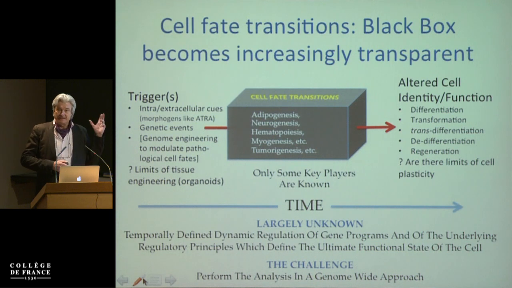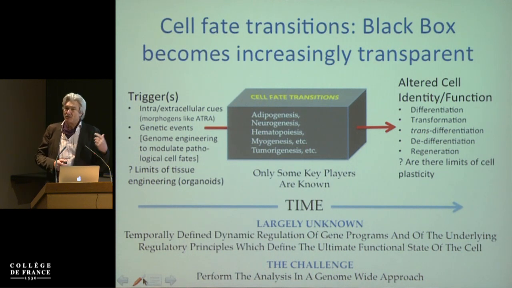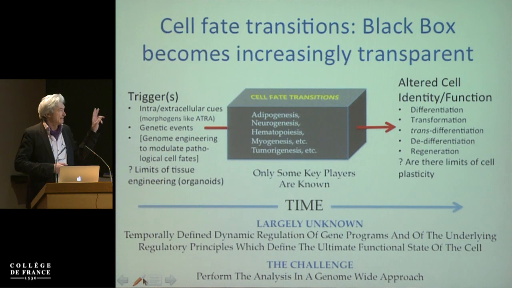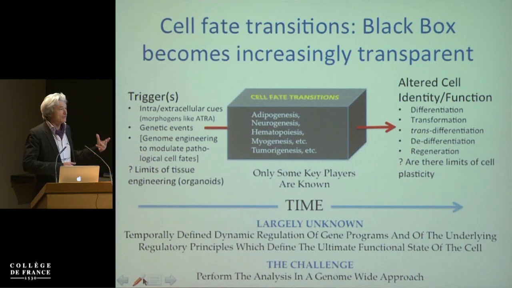Now, the key element or the key step in all of these processes is what we call cell fate transitions. If you remember the cell lineage which I showed you, you have a stem cell which then adopts a speciality. It goes into a certain pathway, and we have multiple pathways: adipogenesis, neurogenesis, hematopoiesis, myogenesis, but also pathological pathways like tumorigenesis.